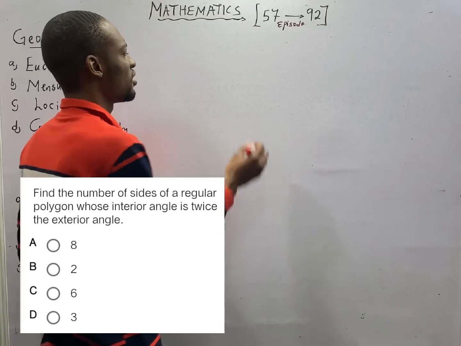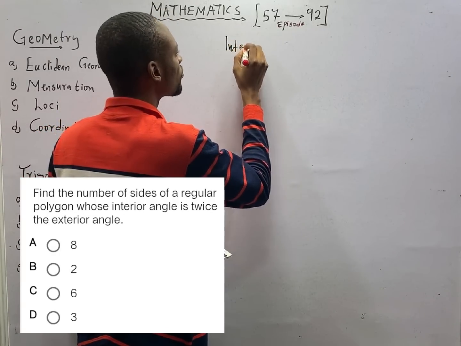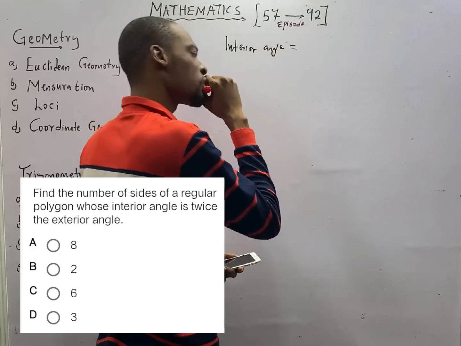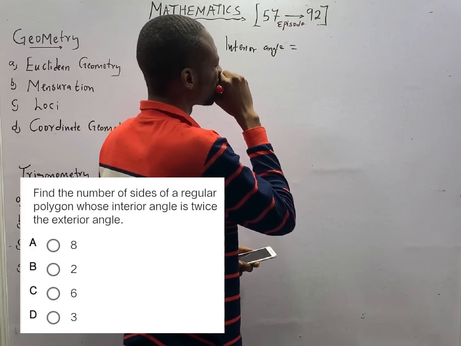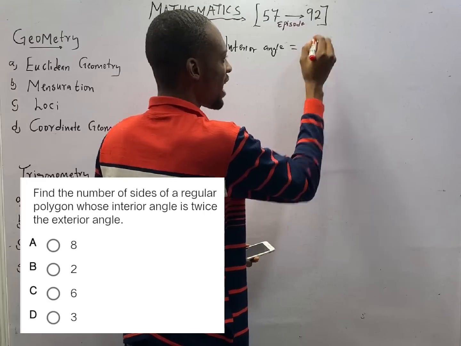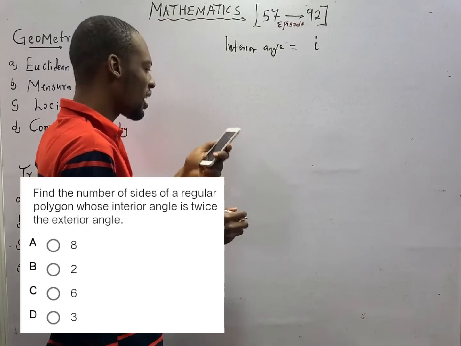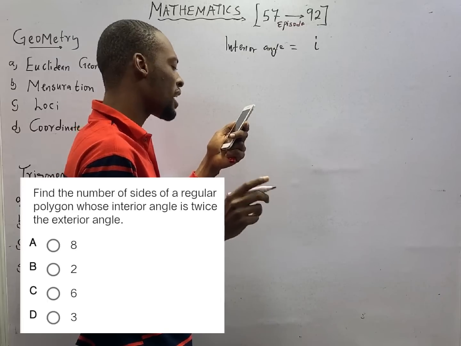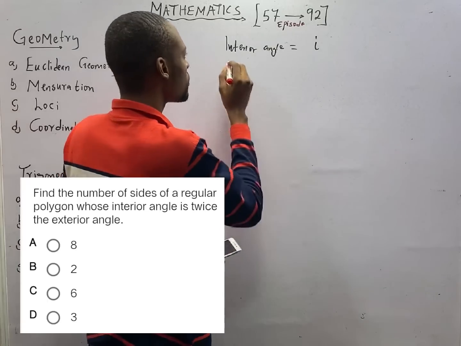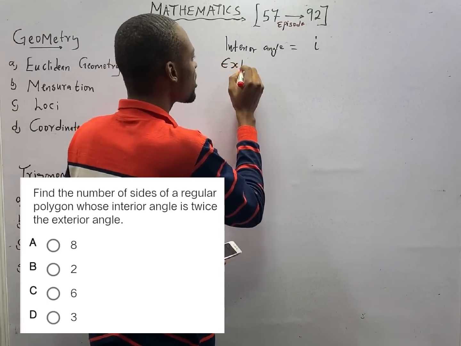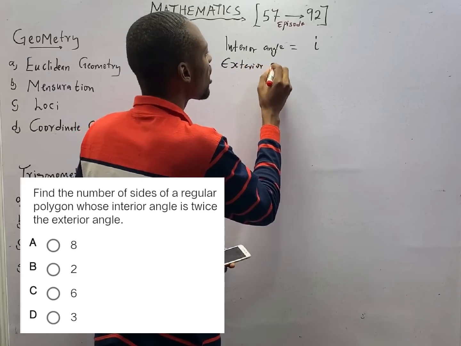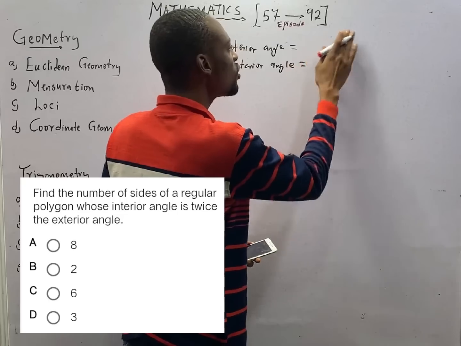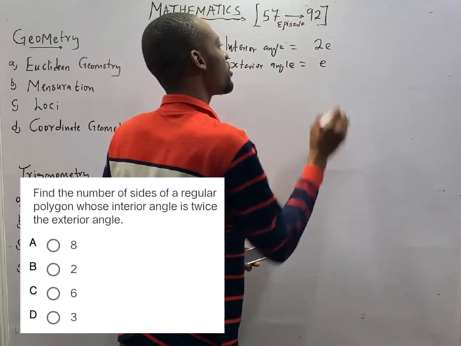Let's say the interior angle is I, and the interior angle is twice the exterior angle, which means if the exterior angle is E, the interior angle is 2 times the exterior angle.